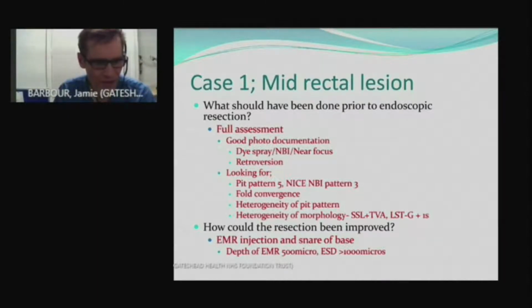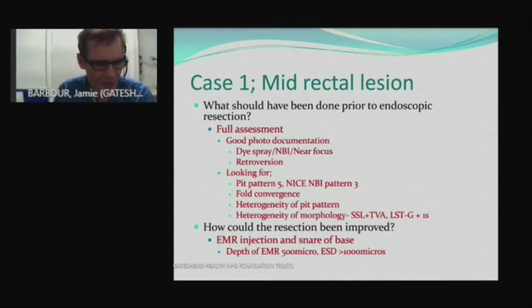That all increases the risk, and it makes you step back and think, hang on a second, would this be okay to take off with my skill levels? And then the documentation is really important with a retroverted view as well.